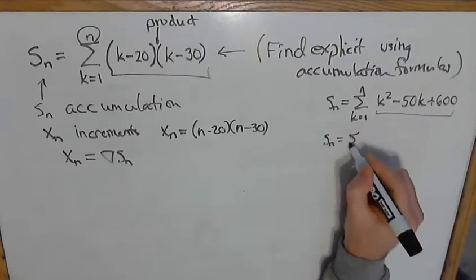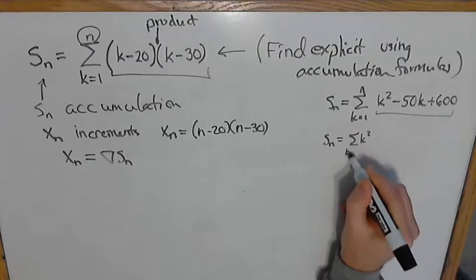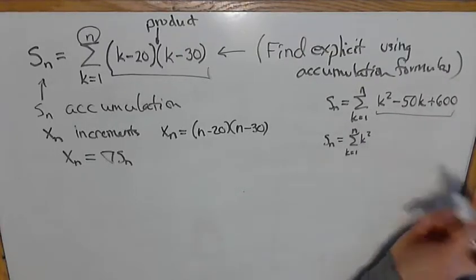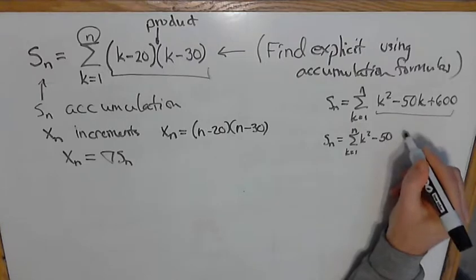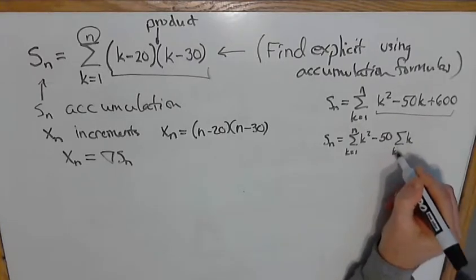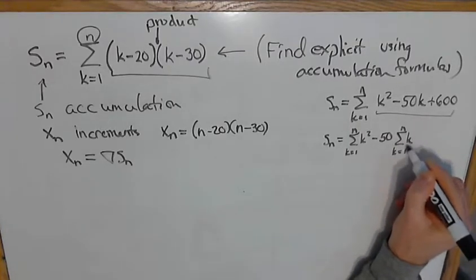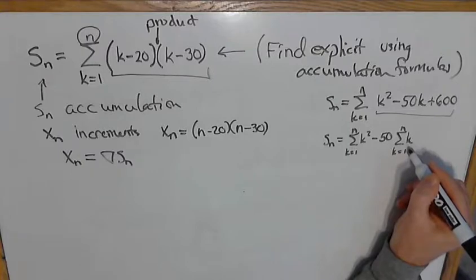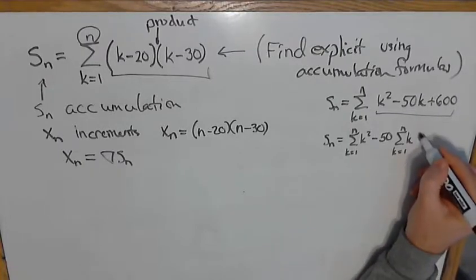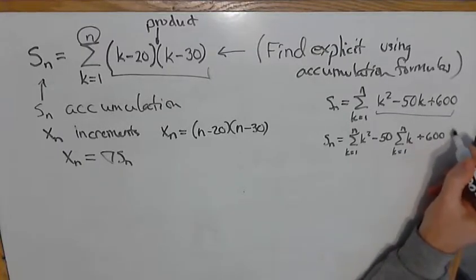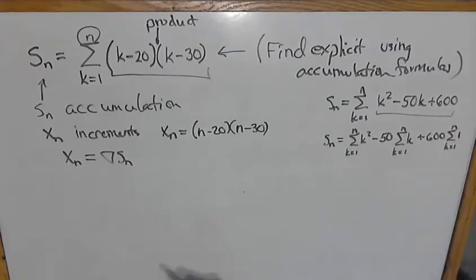I could be adding k squared. We know an accumulation formula for that. I could subtract 50 times what happens if I sum k. This is an increment sequence that I have an explicit formula for. And I could add 600 times the sum of 1, don't forget that there's a 1.